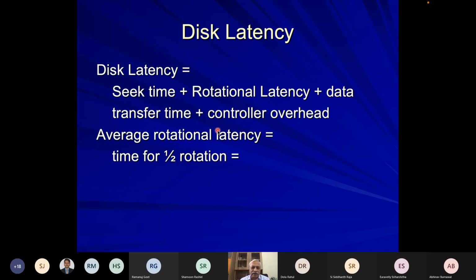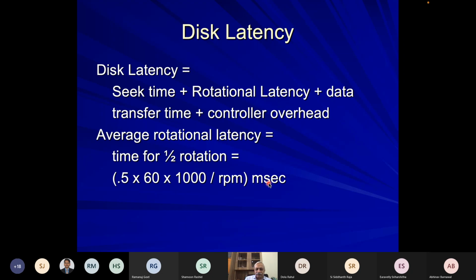Average rotational latency, as I mentioned, is the time for half a rotation. If you know RPM, the number of rotations per minute, then you can calculate this. If you are specifying RPM in, let's say, thousands of rotations per minute, then this factor of 60 is to account for the number of seconds per minute, and this 1000 is to get you in milliseconds.